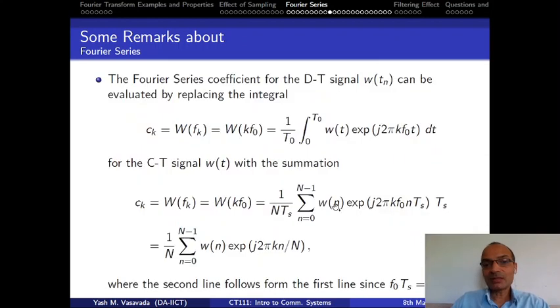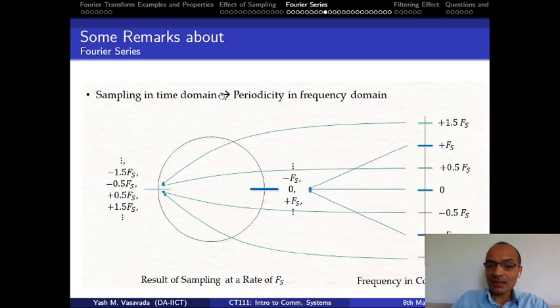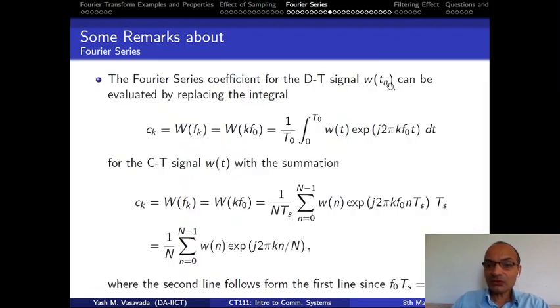Wt obviously becomes value of n, and this t becomes t of n, but t of n is nothing but n times T of s. T of n, the nth sample, is located at n times T of s. And so therefore this formula turns into this formula.